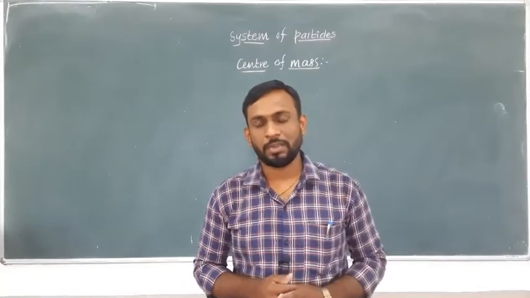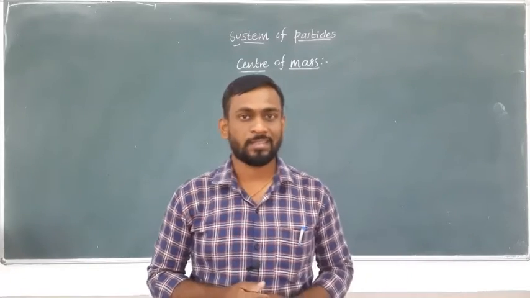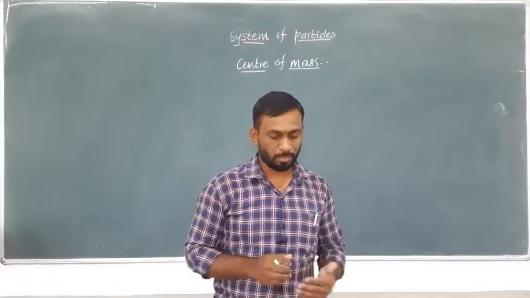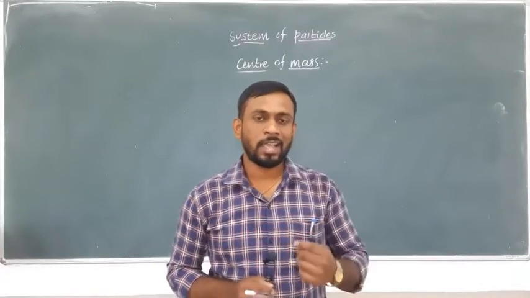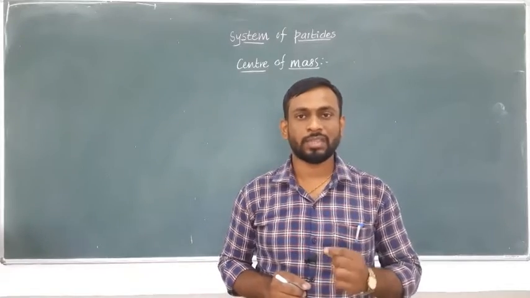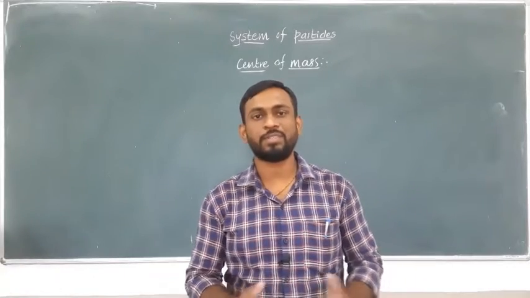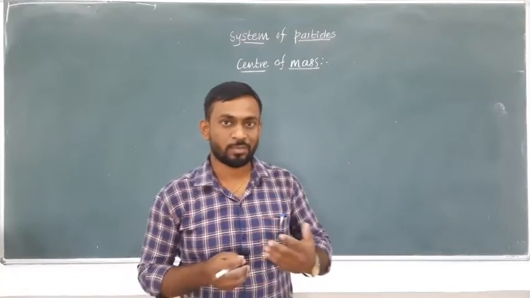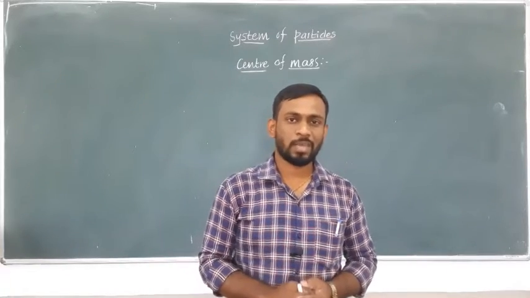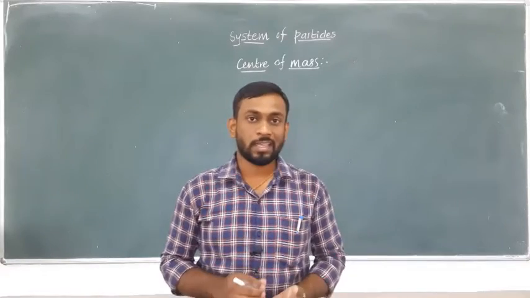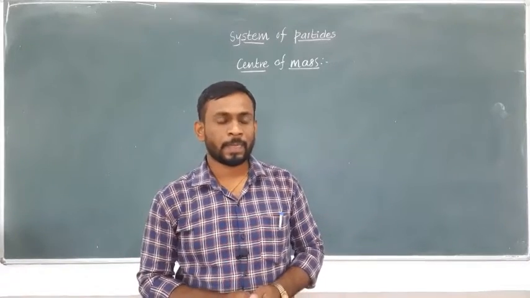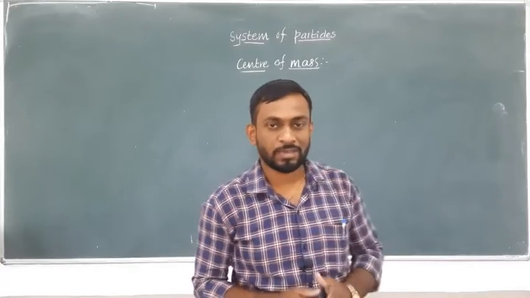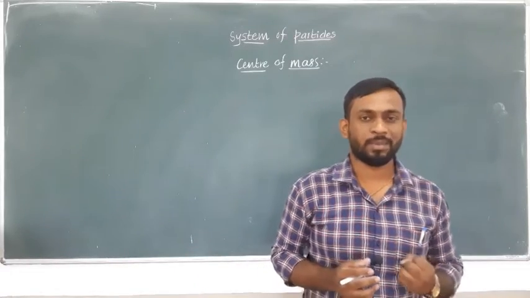In today's topic we are dealing with the system of particles. Suppose we have n number of particles. Up till now we considered the single particle, and with the help of that single particle we described its motion by considering what the external forces are, what its velocity is, what its mass is, and how the particle behaves under the influence of these external forces. But suppose you have more than one particle, a system of particles, a chunk of particles.